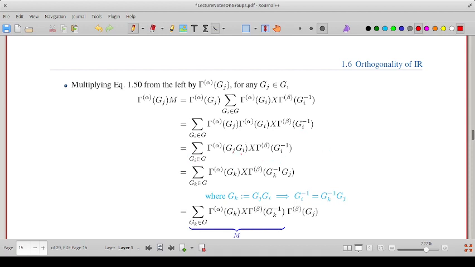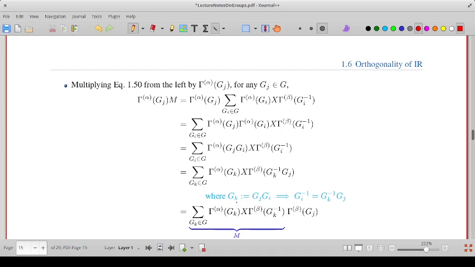If I multiply every element Gi of the group G by one of the elements Gj, it again produces all the elements of the group but in a different order. So if Gj Gi can be written as the element Gk, instead of taking summation over Gi, I can take summation over Gk. It will also cover all the elements in the group.